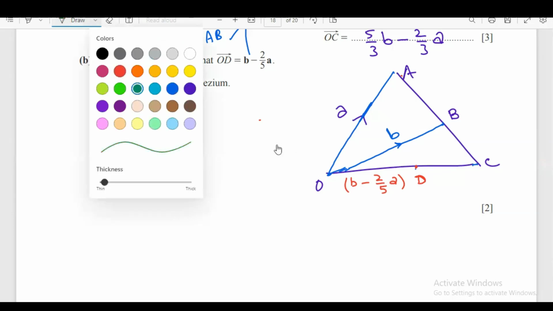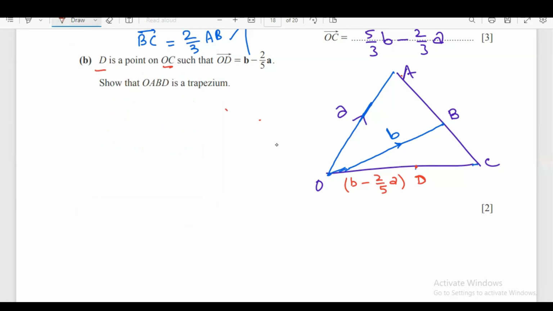I'm going to draw the outlines of OABD. This was the point B here. O to A, A to B, and B to D. Now join D to O. We have to show that the figure OABD is a trapezium.